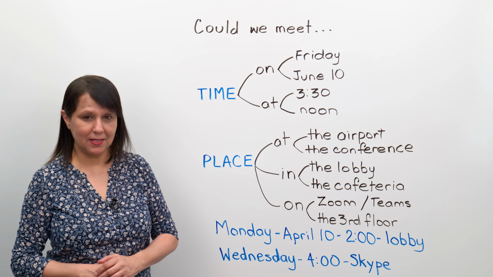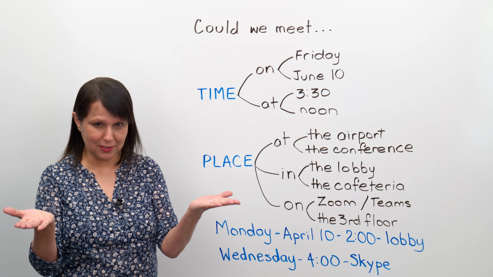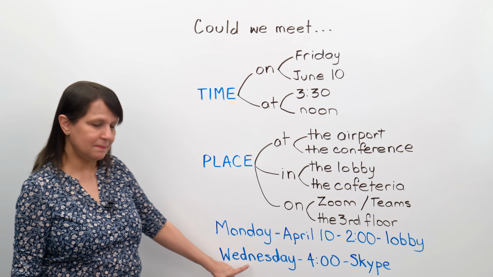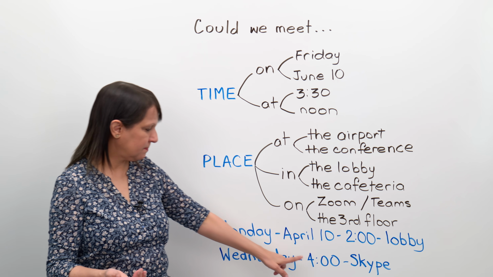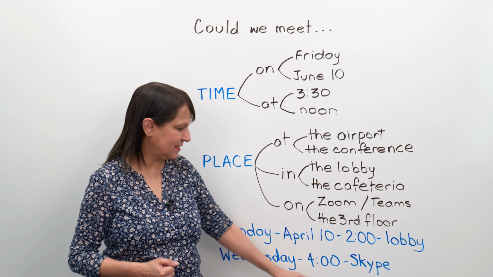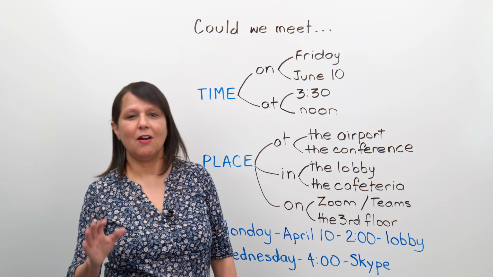Wednesday. Okay? Don't say wed. It's Wednesday. Two syllables. Okay? So, could we meet on Wednesday at 4 o'clock on Skype? Okay? All right.